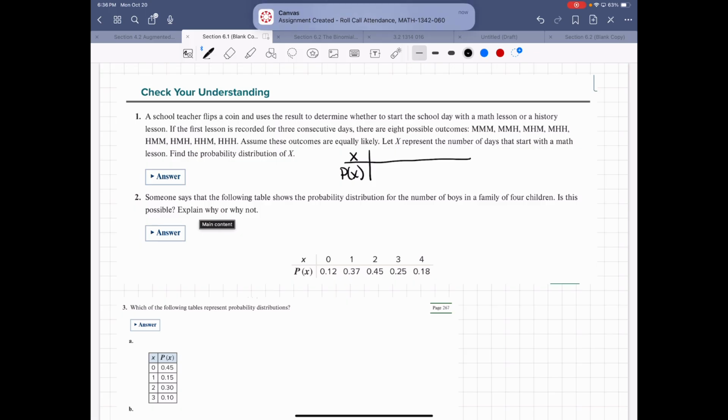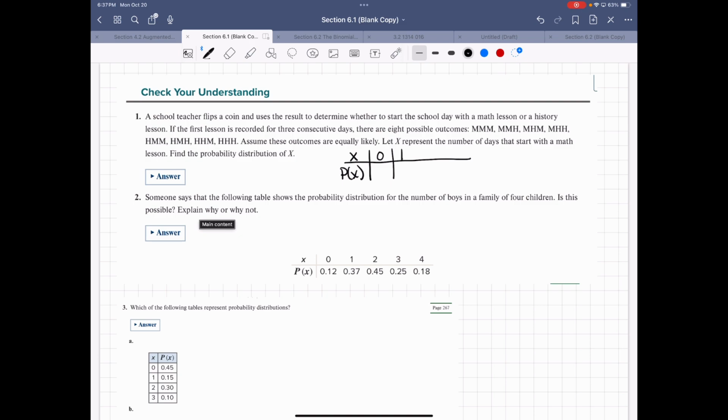What does X represent there? The number of days that start with a math lesson. Okay, so there could be 0 days. Out of the 3 days, you could have none of the days. You could not flip heads or flip math any of the time on all 3 days, right? And you would start with history.